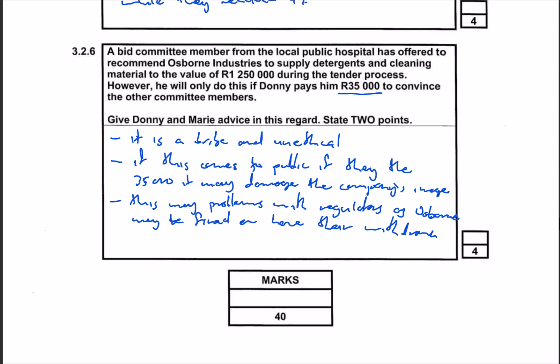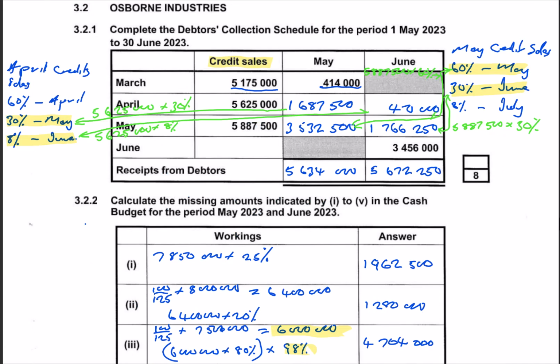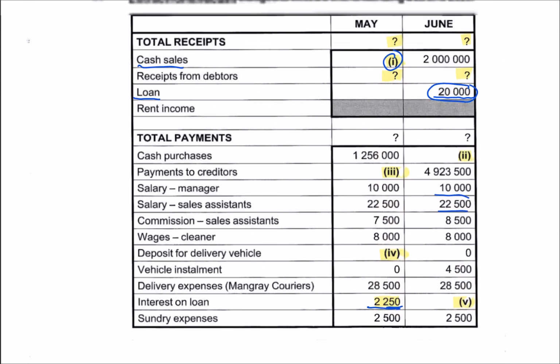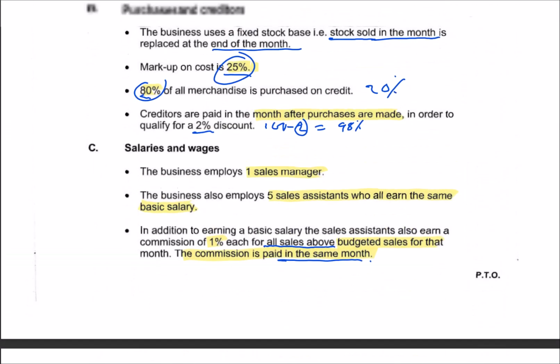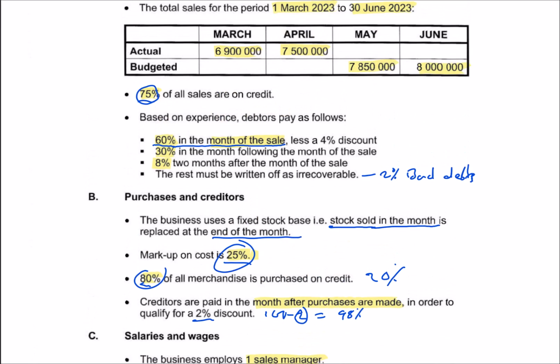There is one thing that I need to correct right at the top here. The 6,000. 6 million, sorry, right? And on this one here, I missed one thing, I'll correct it. If you look at the question, sorry, I just noticed later on, it says 60% demand of sale and less 4% discount.